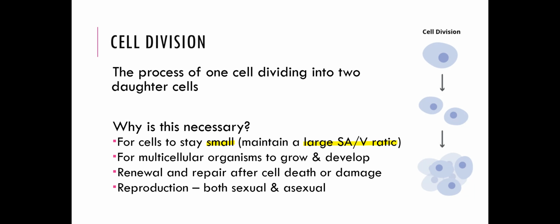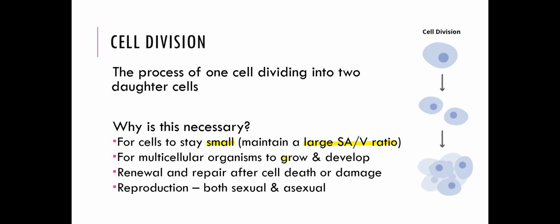And so cells must be tiny to be efficient. Remember, if they get too big, the DNA can get overloaded, the membrane can get overloaded, and the cell just doesn't work properly. And so as cells grow, they're going to get to a point where they're no longer being efficient, and they may get a signal to divide into two in order to be smaller. And so that reduces the volume of the cell.